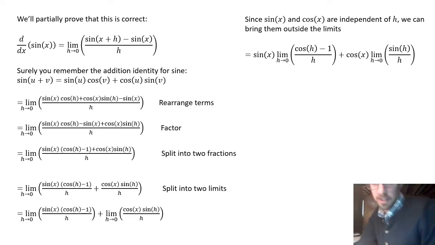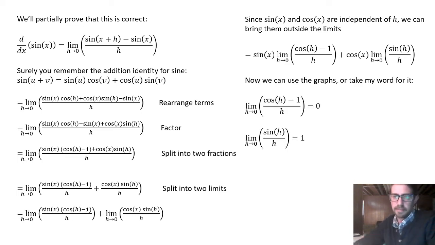So this is the part where we're not going to go all the way. I'm going to tell you that the limit of that first thing is 0. Go ahead and graph cosine of x minus 1 over x if you don't believe me. It looks like it goes right through the origin, even though there's a hole at 0. And then the same with that second limit, it goes right through the point 1.